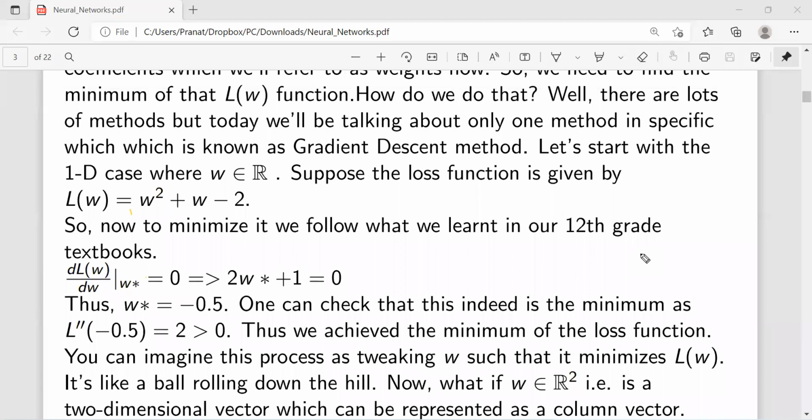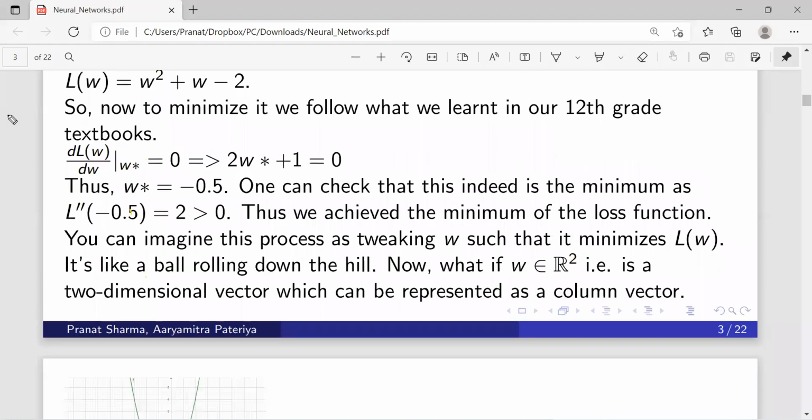So this is a basic example, and we will try to generalize it now. Thus, we achieve a minimum of our loss function. So our basic idea is tweaking W such that it minimizes L of W, the loss function. Okay. So let's assume that W belongs to R squared. So let's understand what R squared is first.